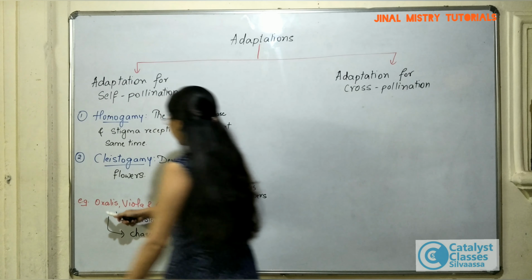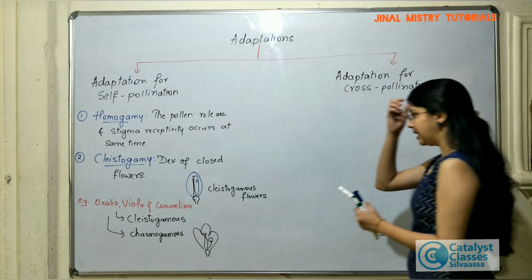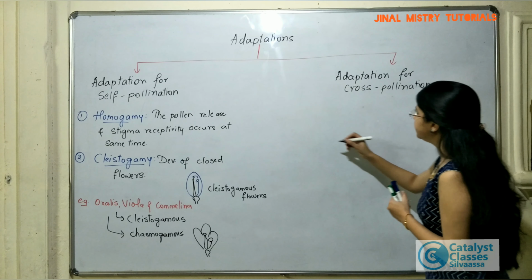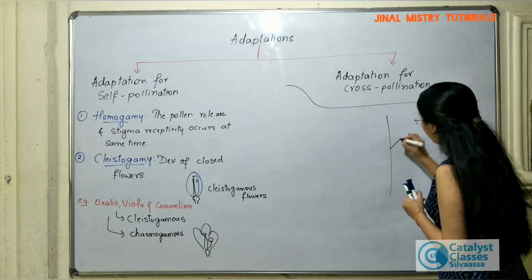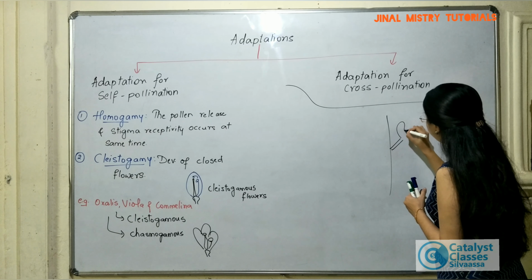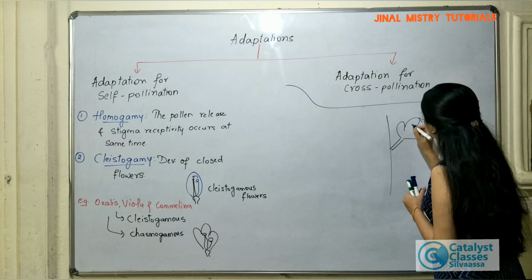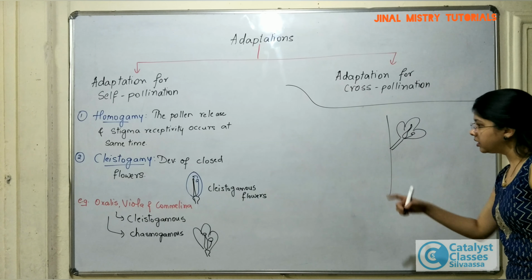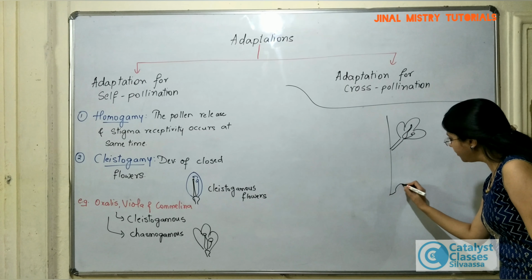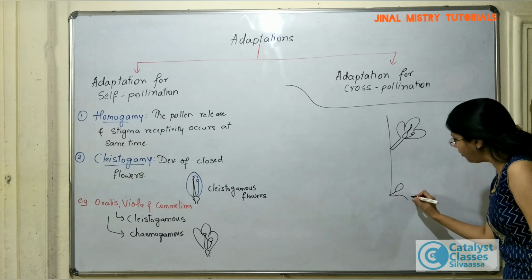Now in these plants of oxalis, viola and commelina, you will always find that the chasmogamous flowers are present on the upper part of the plant, whereas the cleistogamous flowers are always present on the lower part.